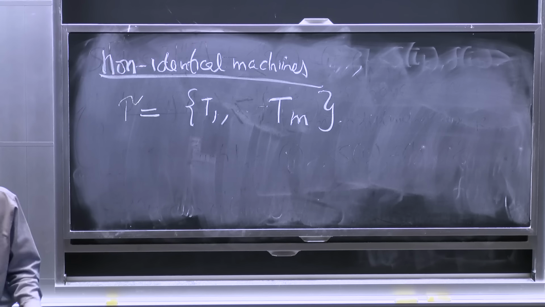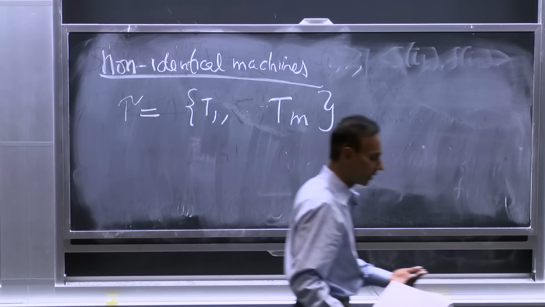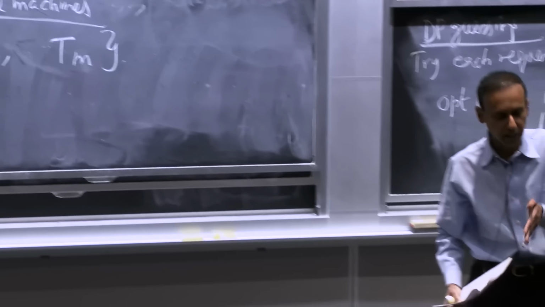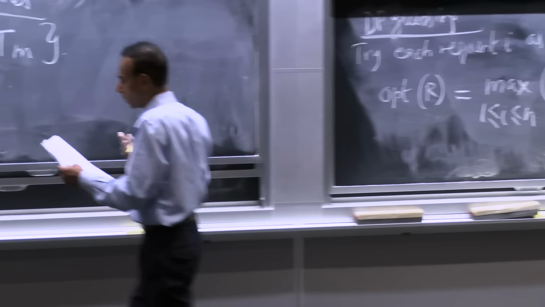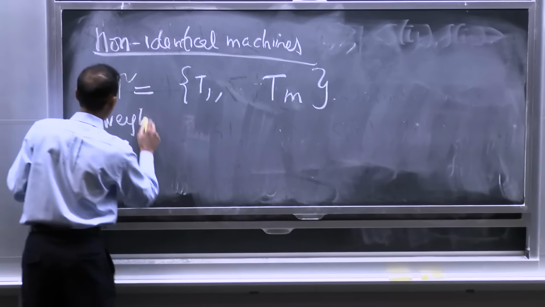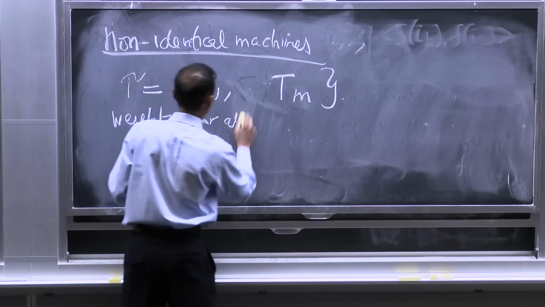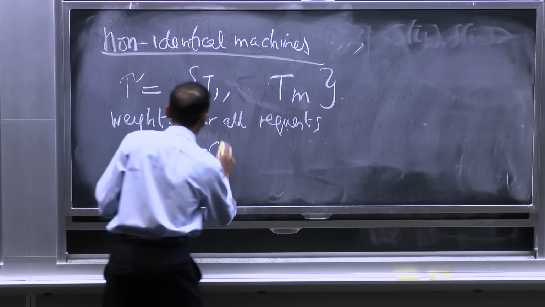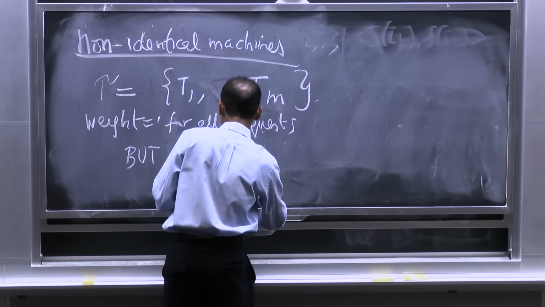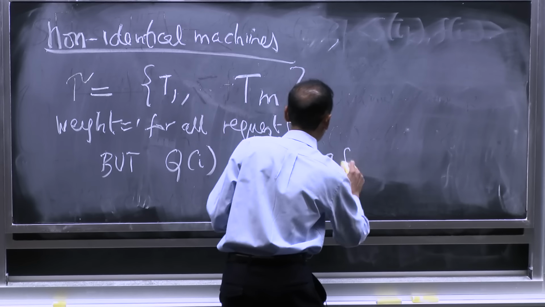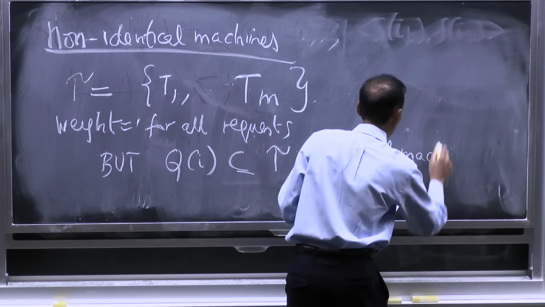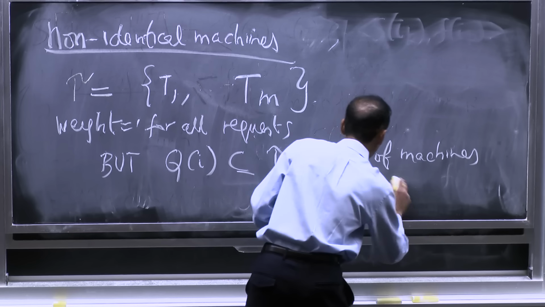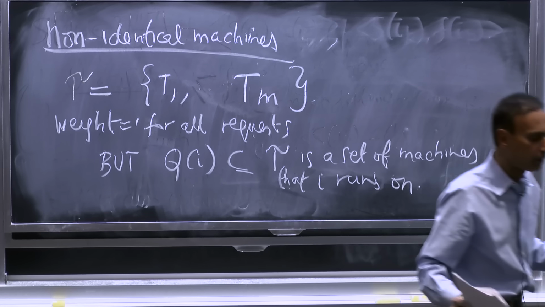And it's essentially a situation where you say this particular task can only be run on this machine or this other machine, some subset of machines. So you can still have a weight of 1 for all requests, but you have something like Q of I belonging to a subset of T, the set of machines that I runs on. Okay, that's the change we make.